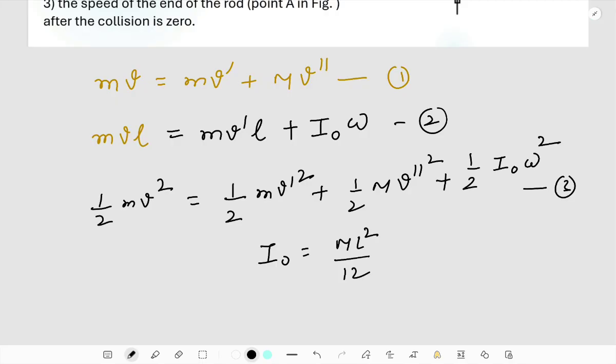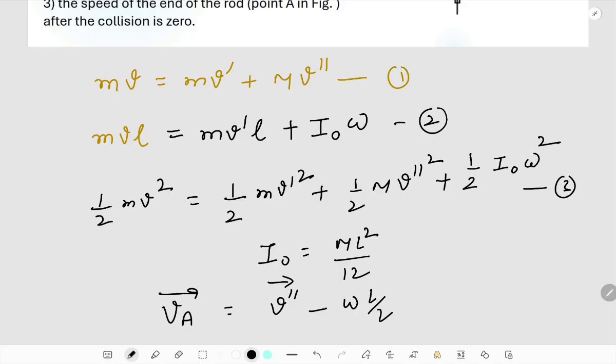So we can easily write the velocity of point A equal to the velocity of the center of the rod minus omega L by 2.